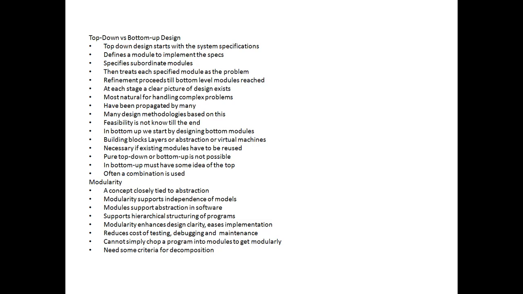The highest level component corresponds to the total system. To design such a hierarchy, there are two possible approaches, namely top-down approach and bottom-up approach. In the top-down approach, we start from the highest level component of the hierarchy and proceed through the lower levels. But in the bottom-up approach, we start from the lowest level component of the hierarchy and proceed progressively to higher levels, to the top level component.